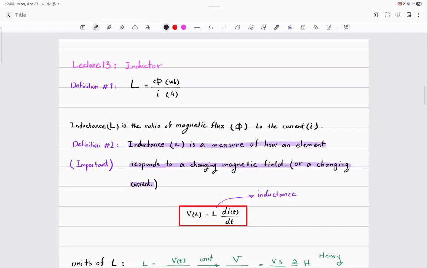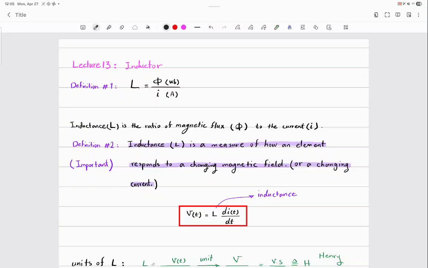Lecture 13 was about inductors. We have 2 definitions for inductors. The first one is the fundamental, physical definition of inductance, which is the magnetic flux divided by current. And the second definition, which is, I can say, more important, is how inductance is defined based on its behavior.